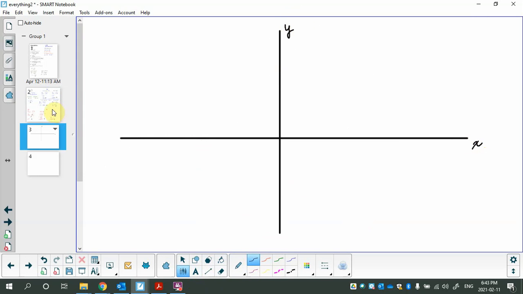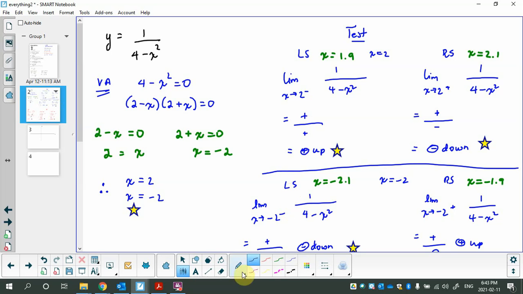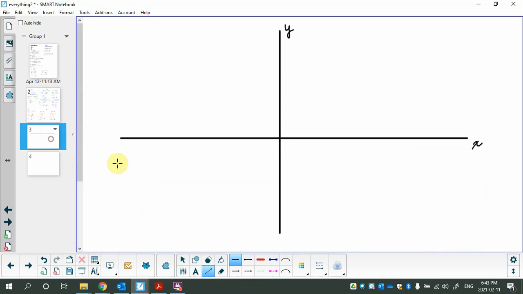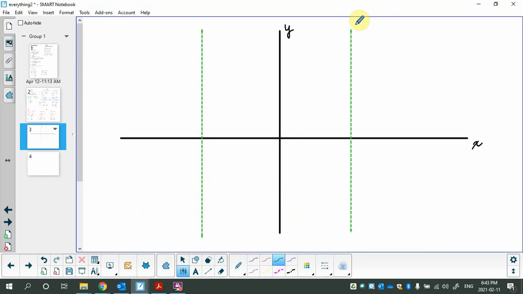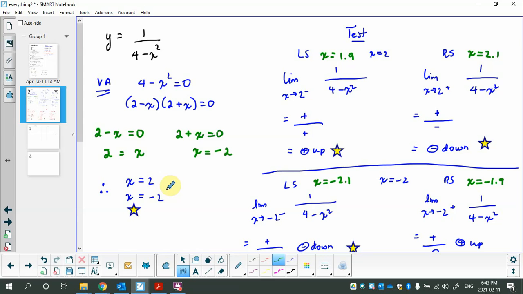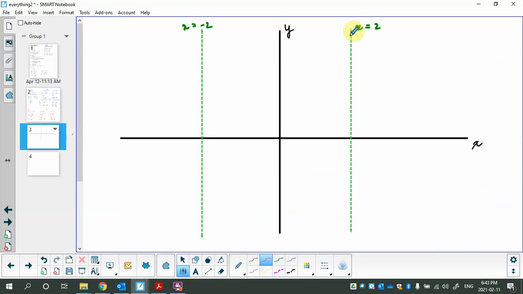So let's go back. I'm going to do asymptotes first because I like to place on my lines. So I need a 2 and a -2 that are vertical, with labels and rulers. I never have to look at this again. Up, down. Remember the logic between doing left on the left and right on the right.